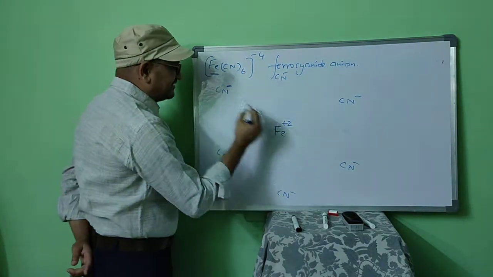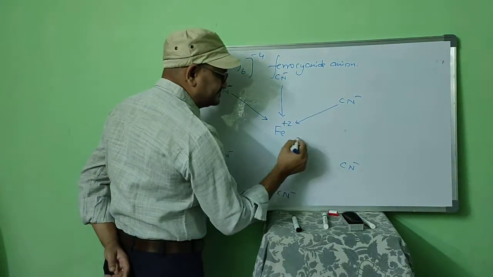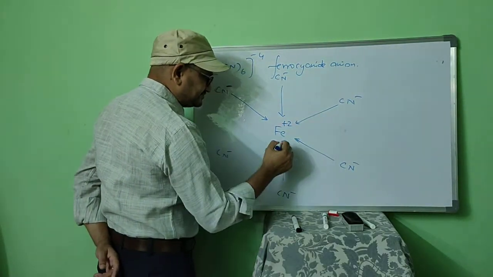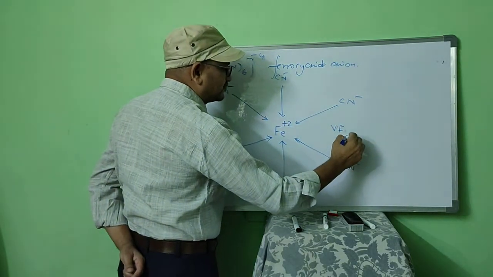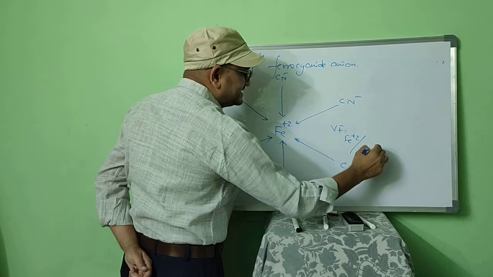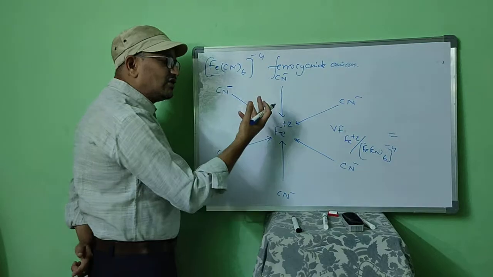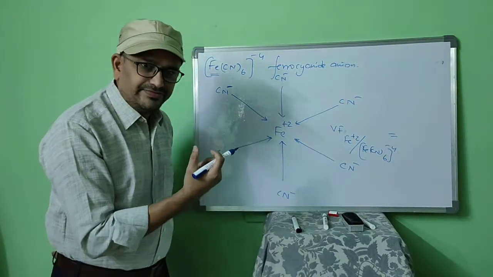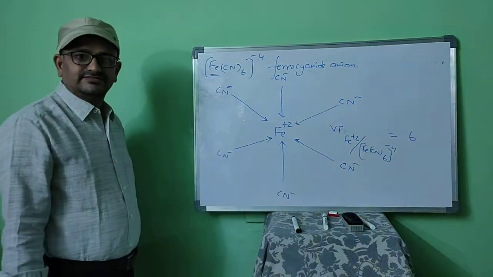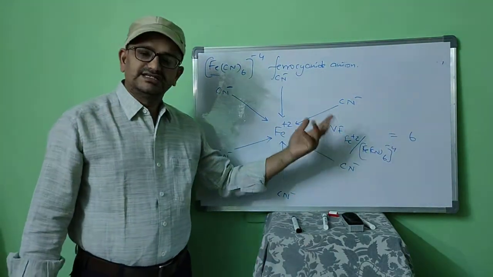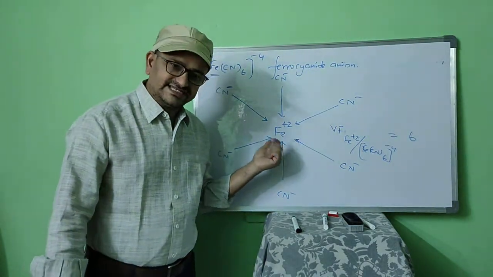So Fe+2 accepts a total of 6 electron pairs. So what is the valency factor of Fe+2 in [Fe(CN)6]4-? How many electron pairs has it accepted? 6. So valency factor is 6. Usually this valency factor is also called the N factor. Right? This is also another example for Lewis acids.